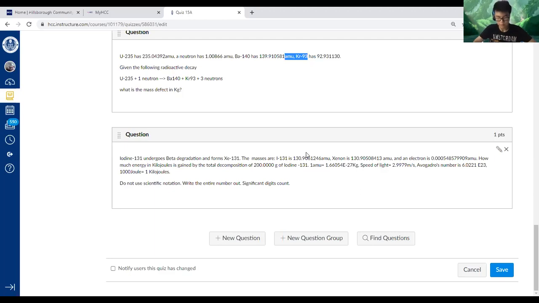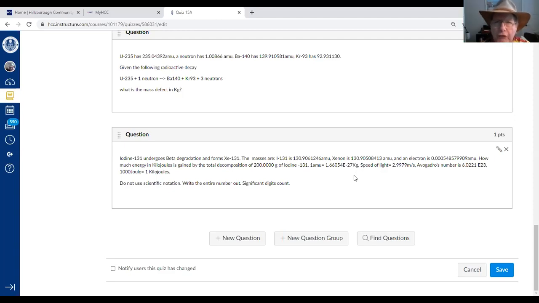Okay, so just to make sure I'm following. You take the mass of I-131 and subtract out the xenon and the electron mass. That will give you a very, very small number. Okay. And then you multiply it by 1.66054 times 10 to the minus 27th kilograms per AMU, to convert it to kilograms.